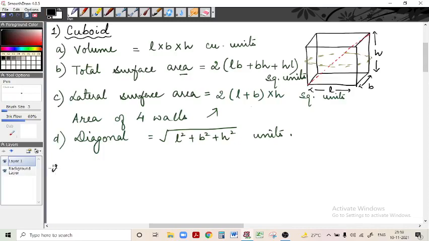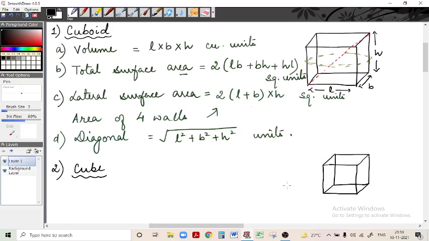So next is our cube, where length, breadth, height all will be equal. This is a square, you can say, the combination of two squares, you can also say. Its faces, edges, vertices are all the same as the cuboid.